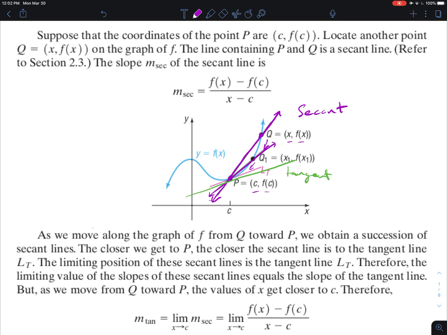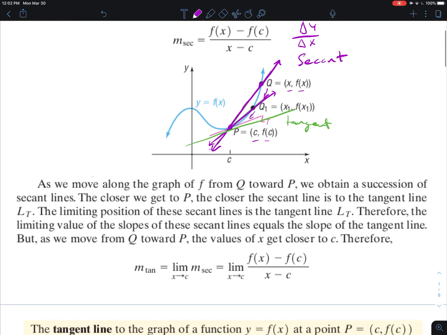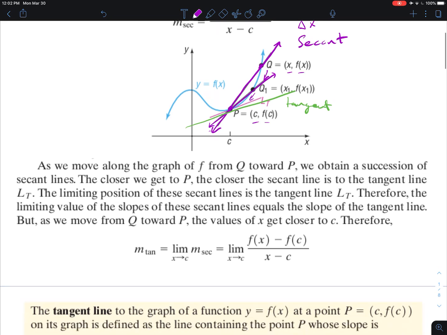And you'll recall that this equation is the difference of the y's over the difference or change in x. So our slope of the tangent line, that green line there, is going to be the limit as x approaches c of the slope of the secant line.